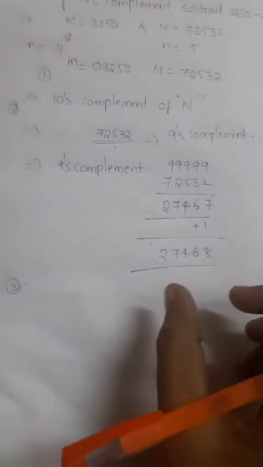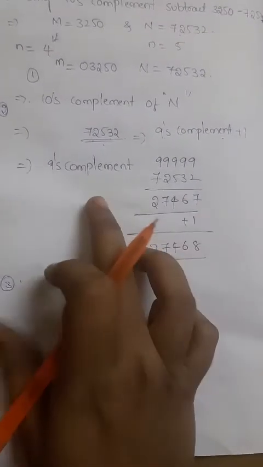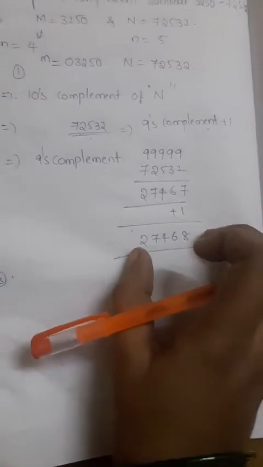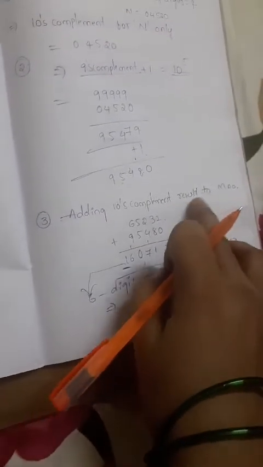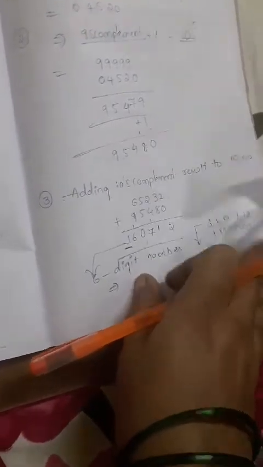What is the third step? The result of the tens complement of n is added to the m number. The third step is adding the tens complement result to the m number.